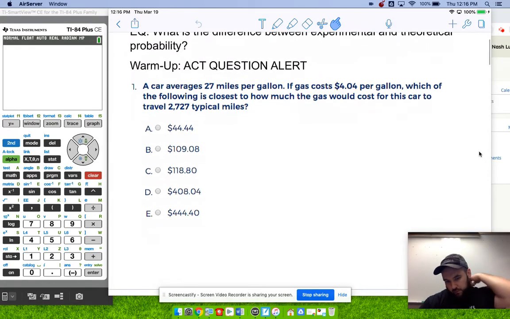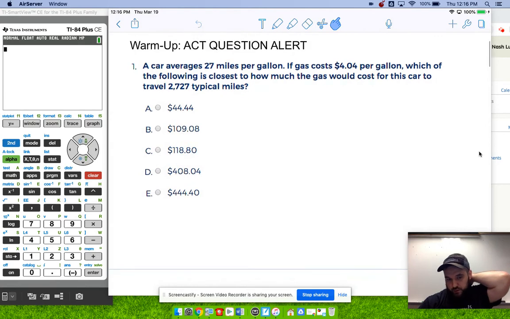As a quick warm-up, we're just going to run through an ACT type question to practice for the standardized test, especially the math type questions. This is an example of an ACT practice question that I pulled off of Google.